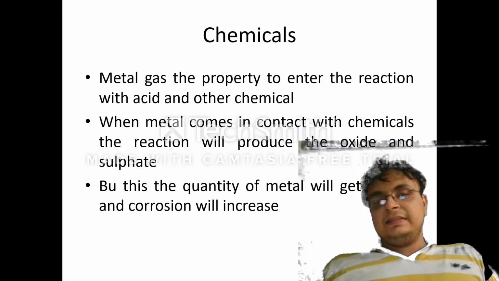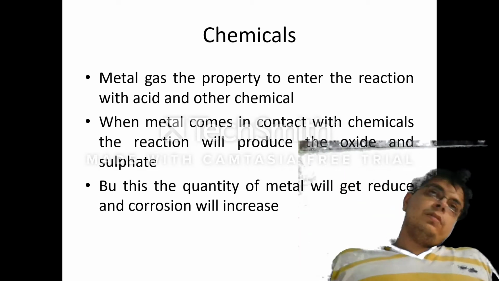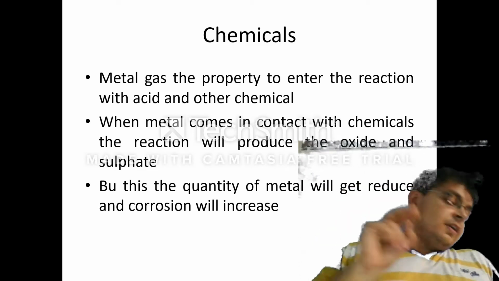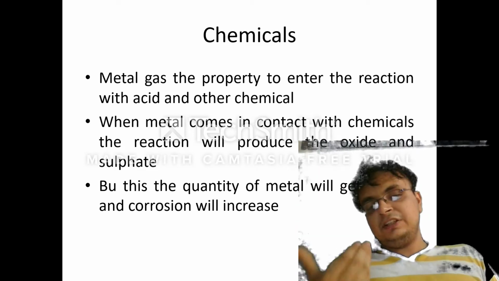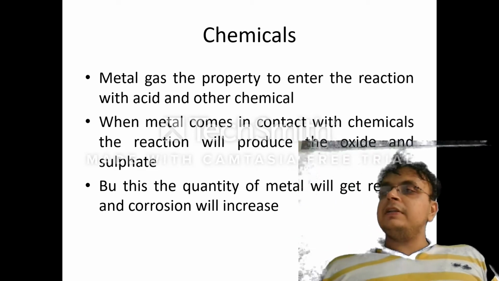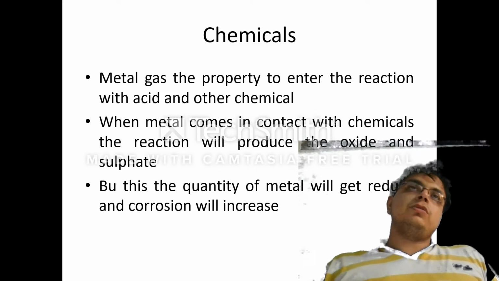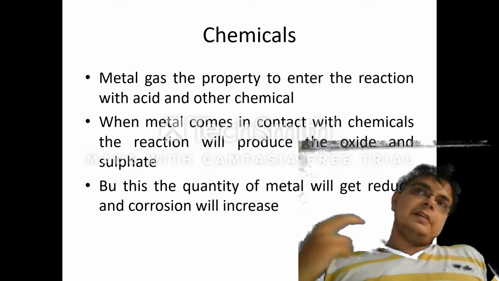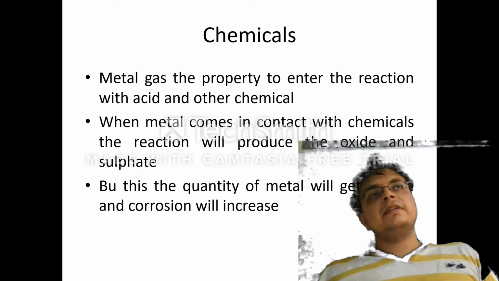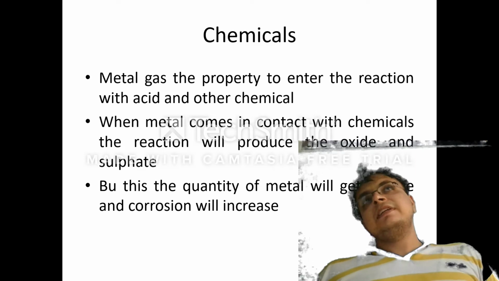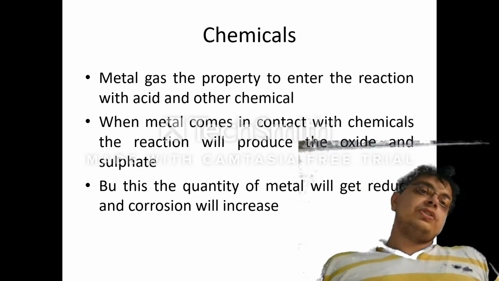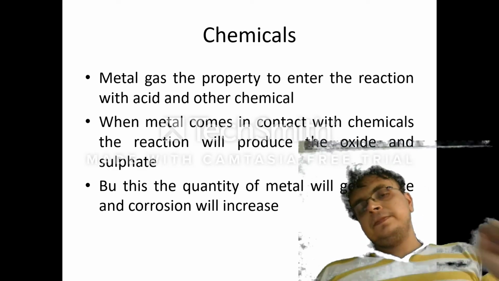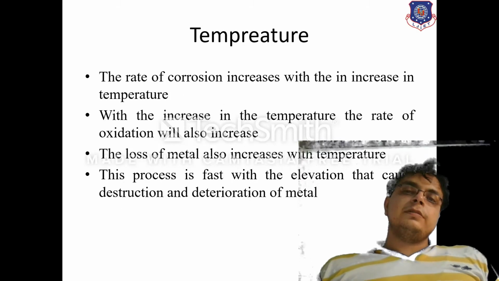By this process of formation of oxides and sulfates, the quantity of the metal will get reduced, and ultimately we can say that if the quantity of metal has been reduced, then definitely the corrosion has occurred. So yes, with the help of chemicals, the corrosion can take place.